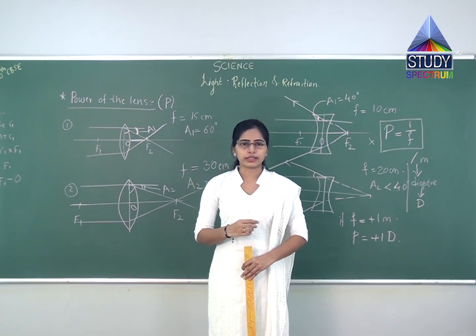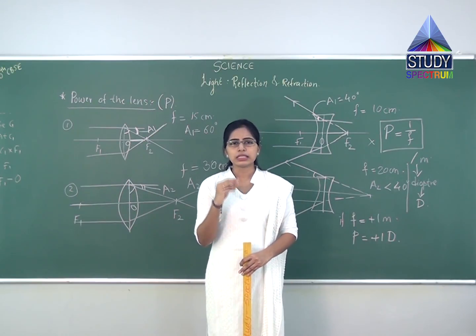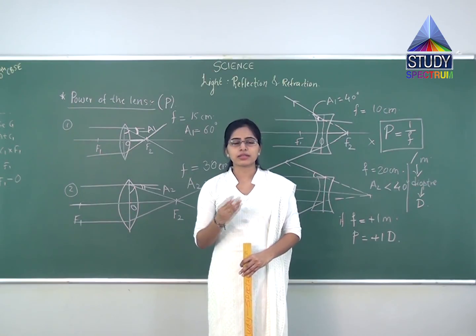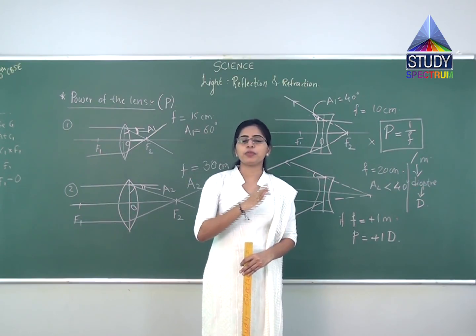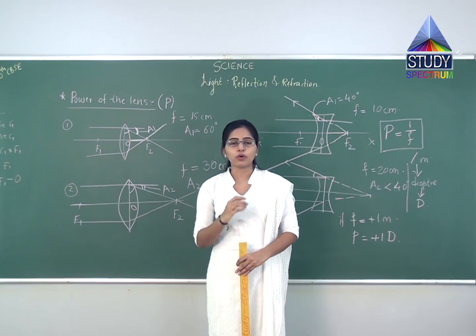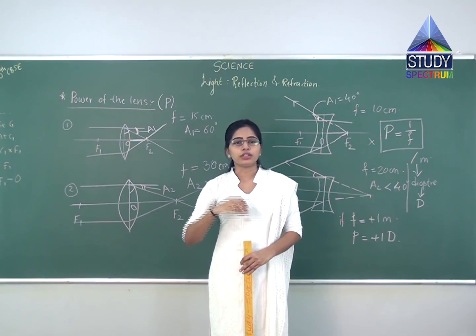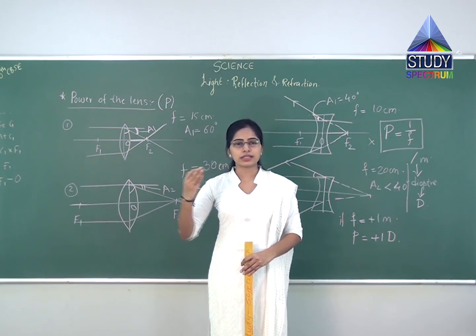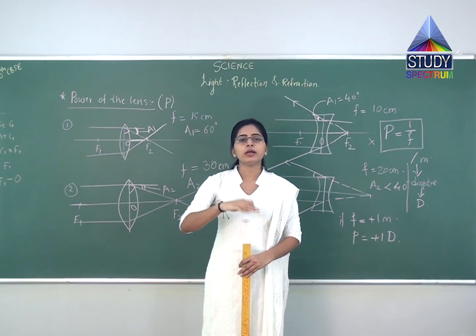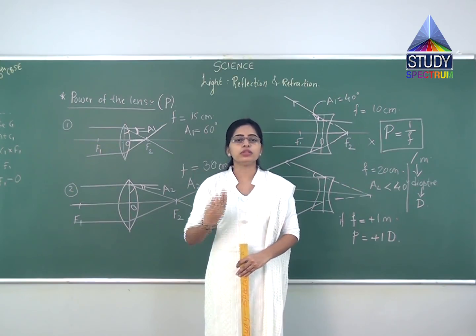Now how is it related? Remember, the numbers of spectacles are mentioned in powers of plus and minus. Suppose an eye specialist is giving the number by writing plus 2 power in both the eyes.